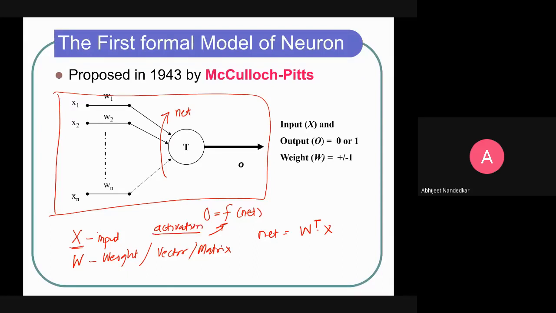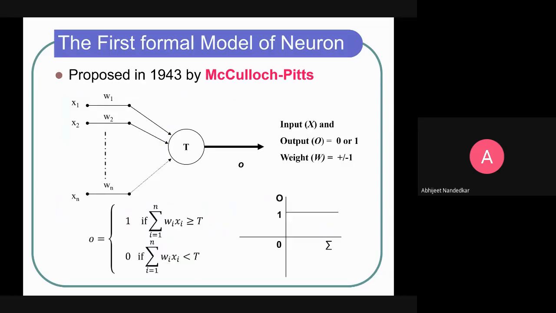So this sum is applied to the activation function and it will produce the output. So this will be the general mechanism of a neuron.